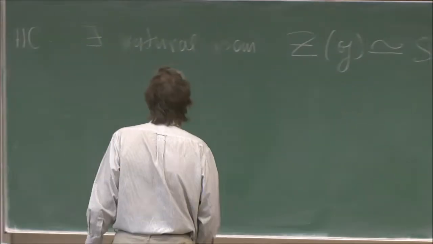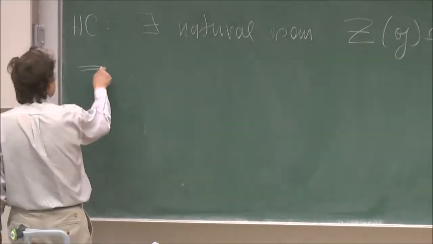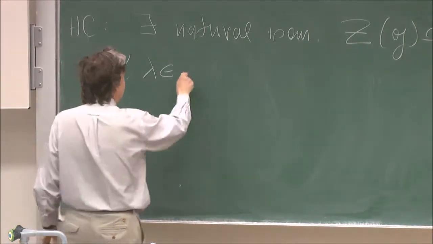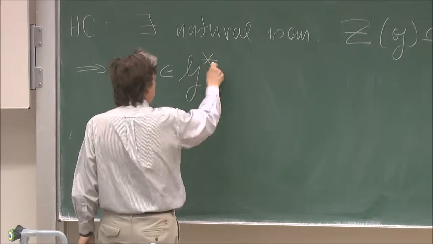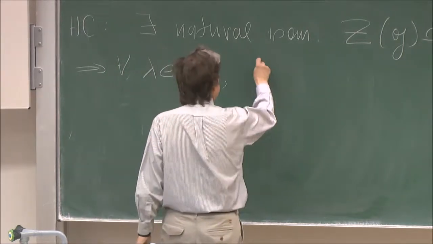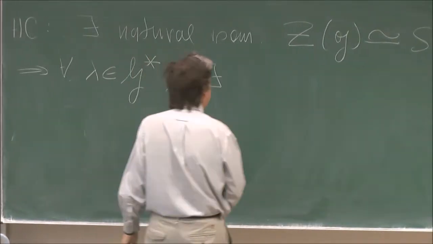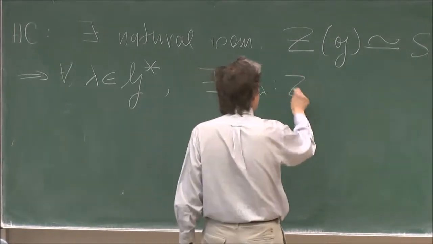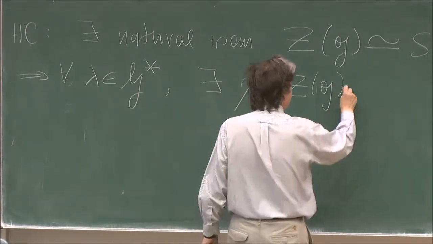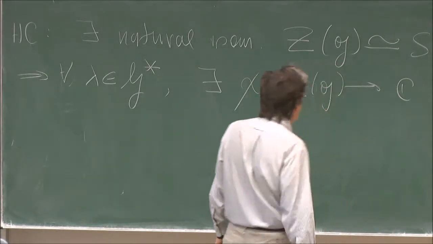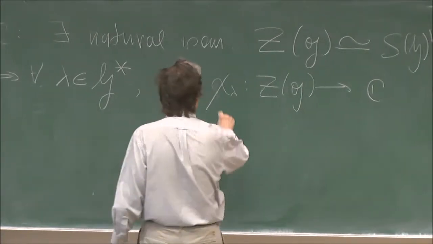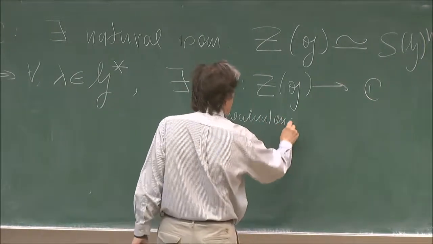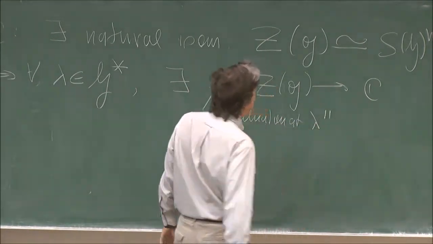And so therefore, for each lambda in H star, there exists a character chi lambda from the center of the universal enveloping algebra to C, which is evaluation at lambda.